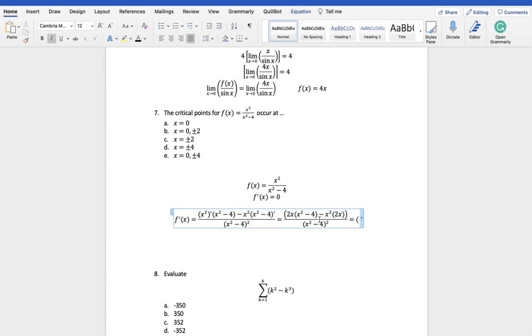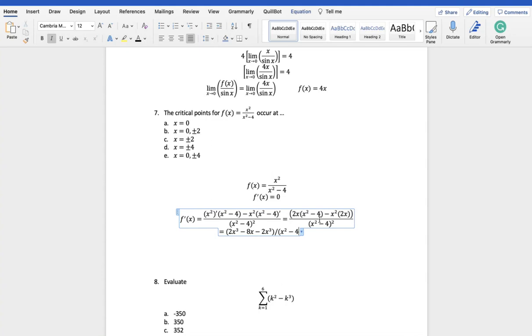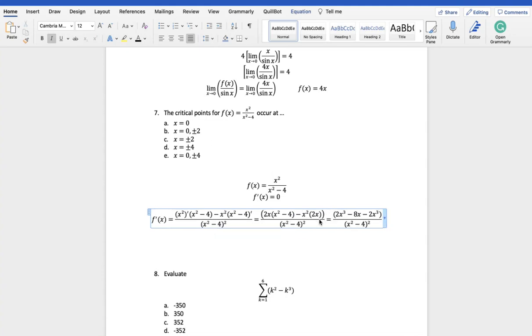You'll have 2x cubed minus 8x minus 2x cubed, divided by x squared minus 4 all squared, right?